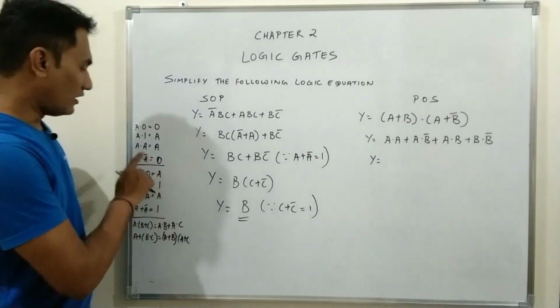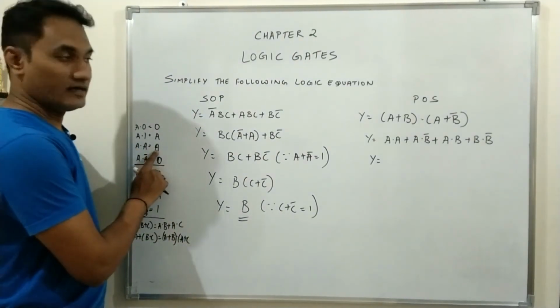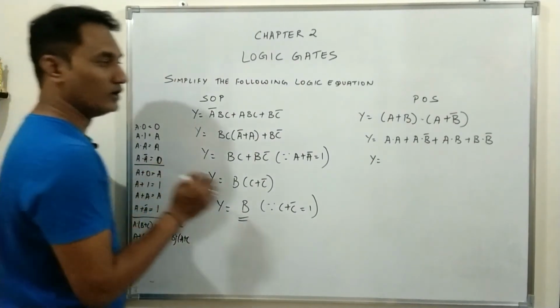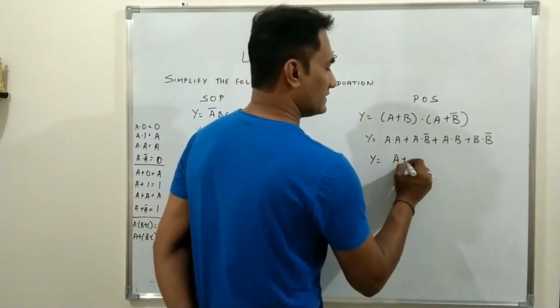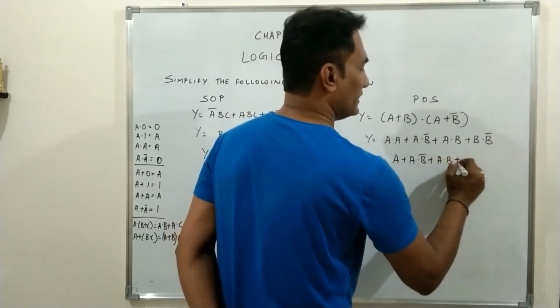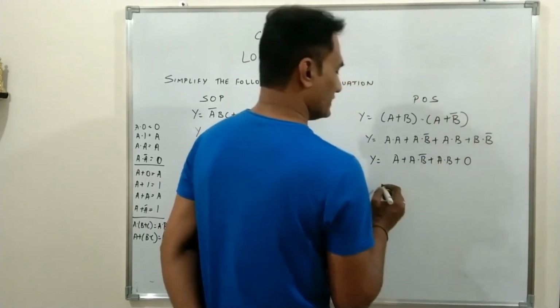Now see the AND law: A dot A is A, and B dot B bar, that means A dot A bar, is 0. So this is A dot B bar plus A dot B plus B dot B bar, which is 0.